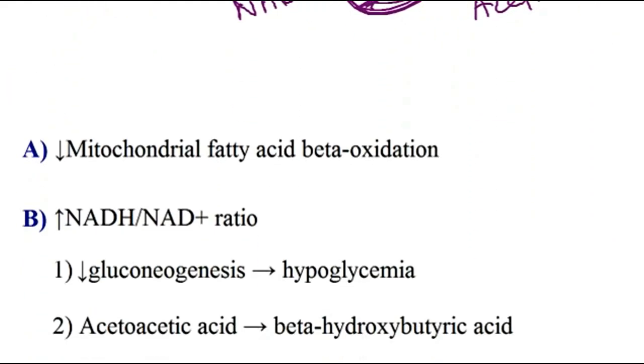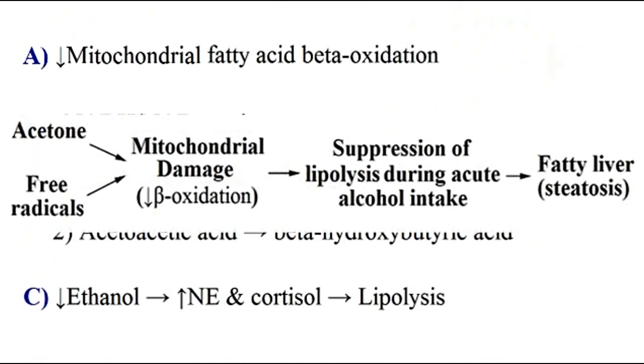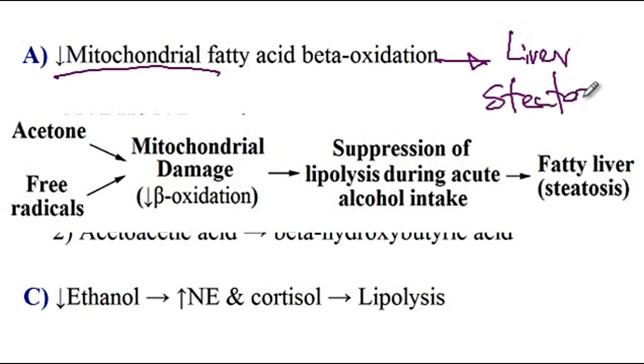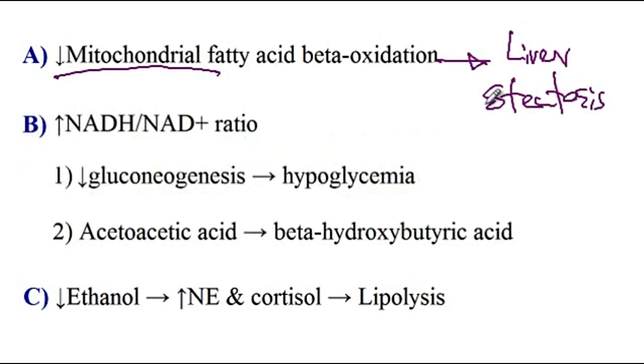So in patients with acute alcohol intake, acetaldehyde, which is the byproduct of the ethanol, as well as free radicals, will damage the mitochondria, and there would be decreased mitochondrial fatty acid beta oxidation, as a consequence of which there would be liver steatosis. So these patients will develop fatty liver.